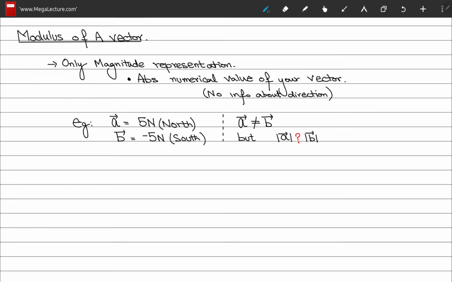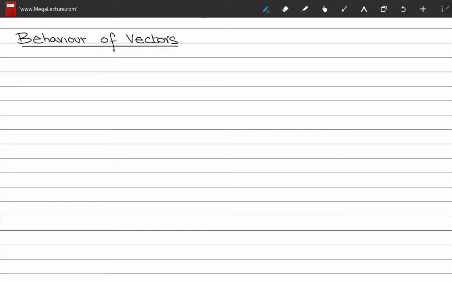And so the magnitude of A is 5 newtons, and the magnitude of vector B will also be 5 newtons, which means the sign over here should be an equal sign. So the magnitude of vector A is equal to the magnitude of vector B, which is 5 newtons.